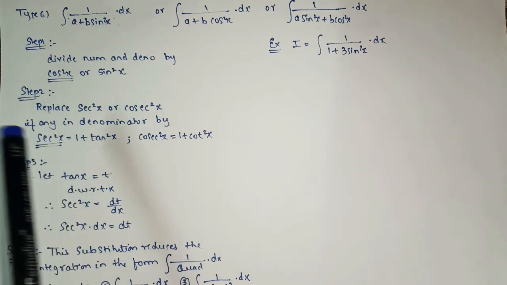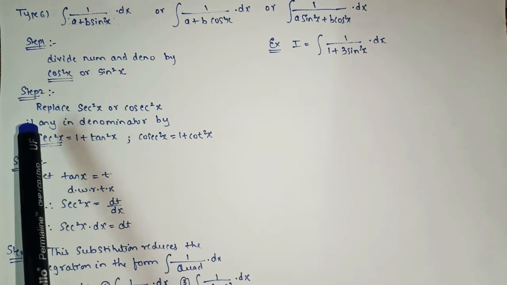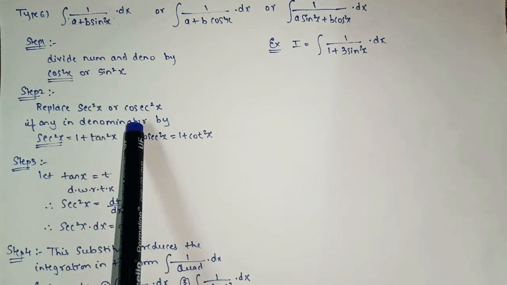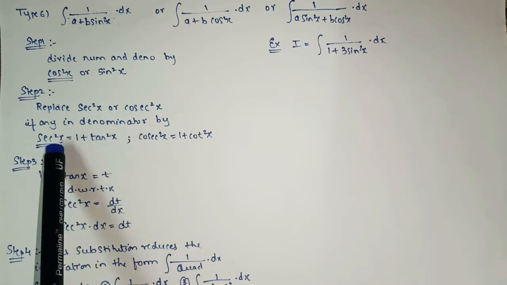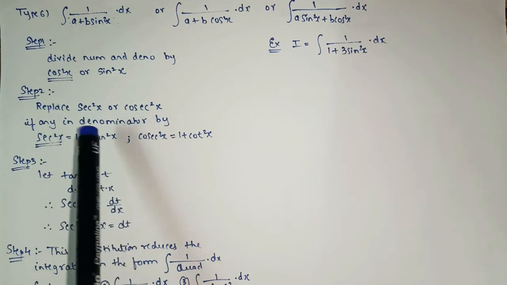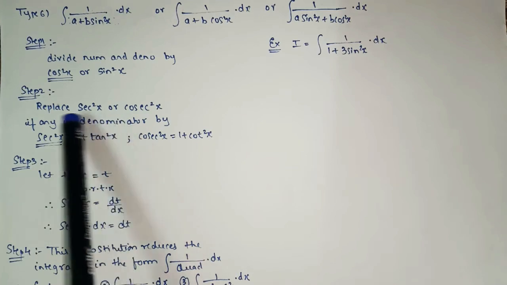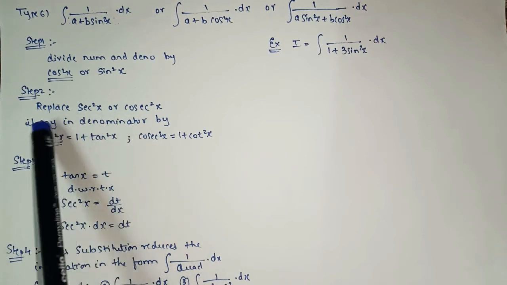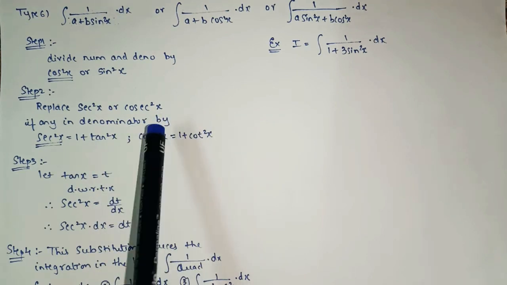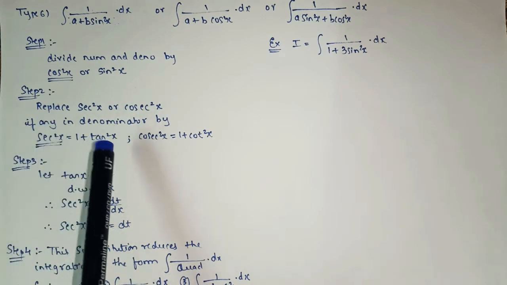After replacing sec square or cosec square, if you see sec square anywhere in the denominator, you have to convert that sec square in terms of tan, and cosec square in terms of cot. It is compulsory that you convert sec square into tan.